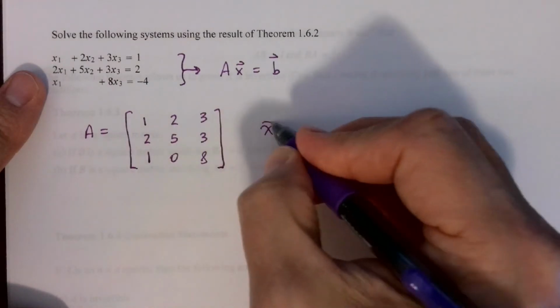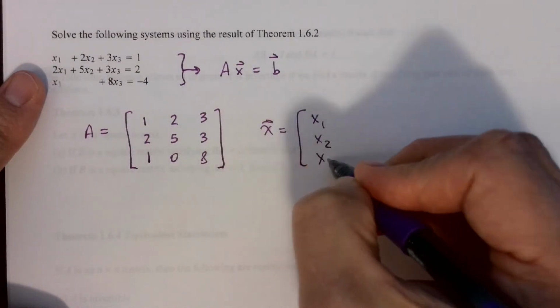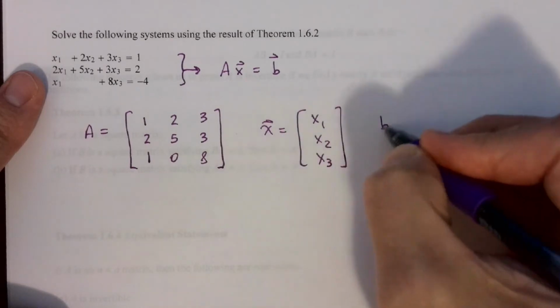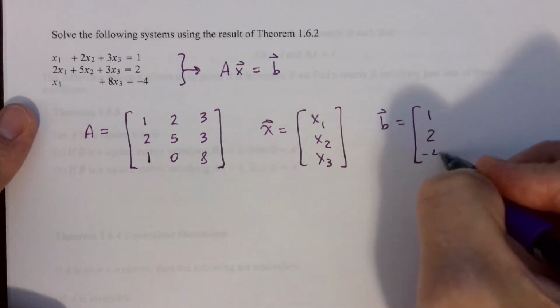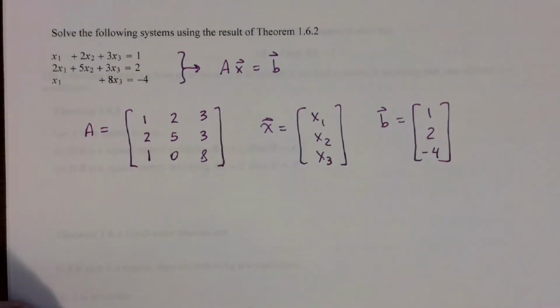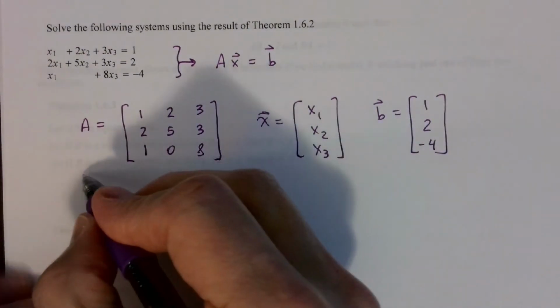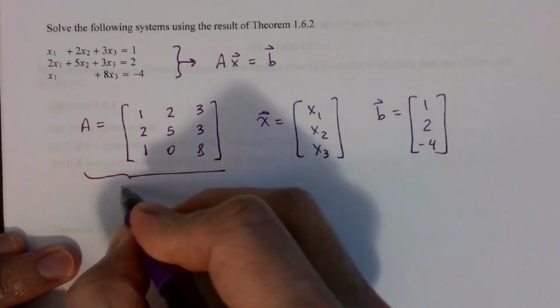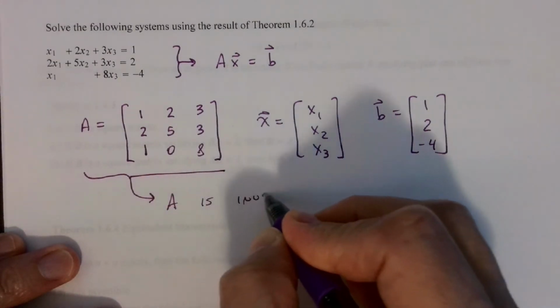Of course, x is the variables, the unknowns, x sub 1, x sub 2, x sub 3 in this case. And B is the constants, 1, 2, and negative 4. Right? So this is what we mean when we talk about a system. Now, it turns out that this matrix A is invertible.